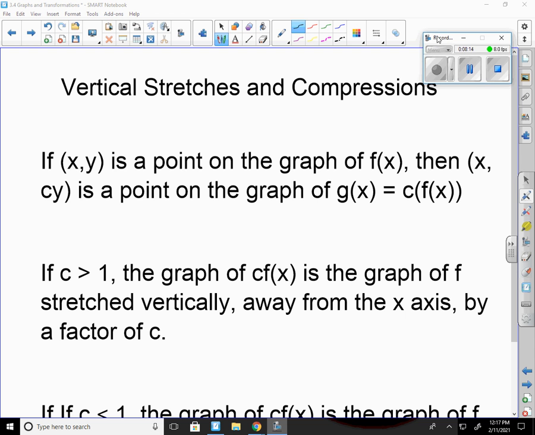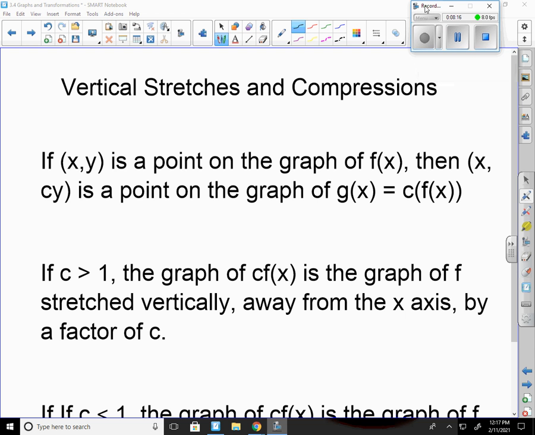All right, vertical stretches and compressions. If x, y is a point on the graph of f of x, then x, c y is a point on the graph of g of x, where we're taking c times whatever our value was for the original.